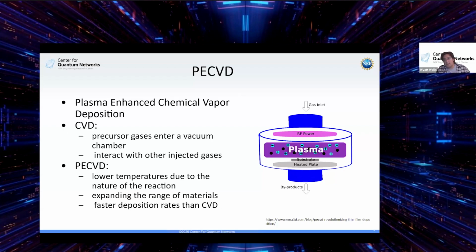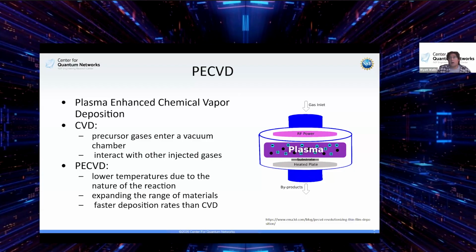The thing about PECVD is that instead of using one of those gases, it uses an injection gas that reacts with a plasma instead. And interestingly enough, because of that, it has a lower operation temperature, which then expands the range of materials that you can use. So that's where this is mainly used for a lot of glasses.